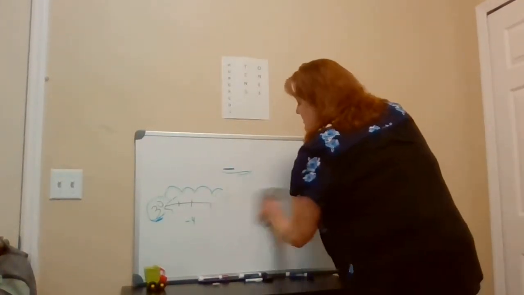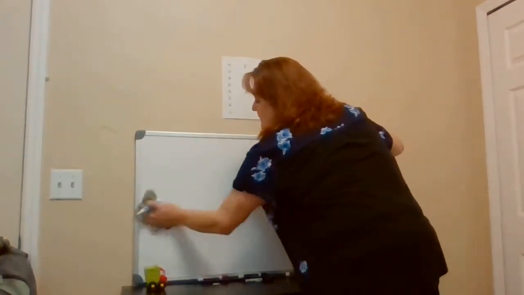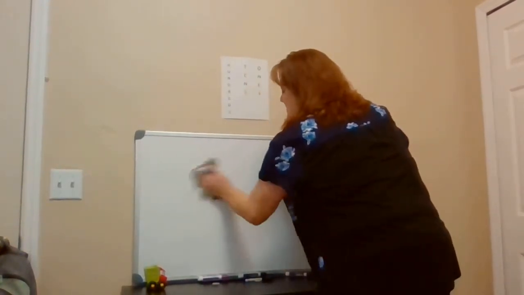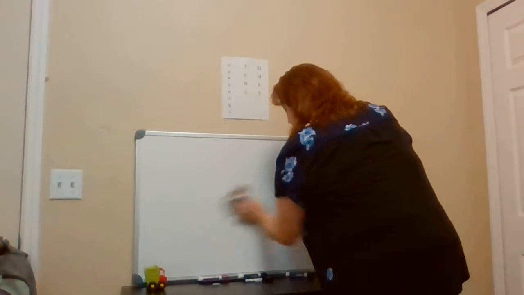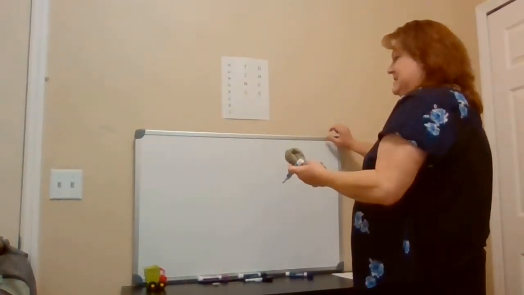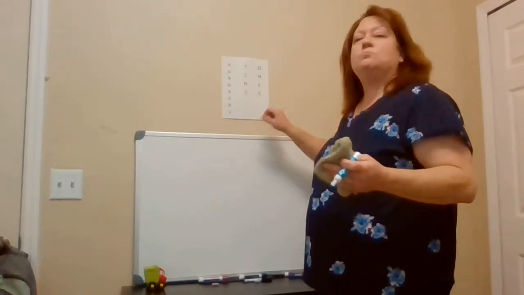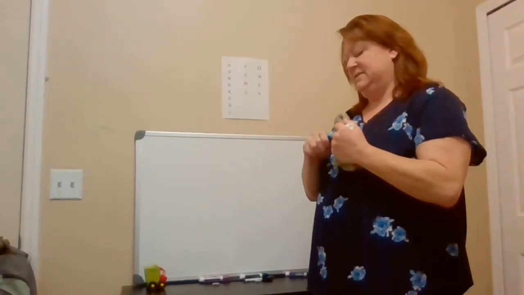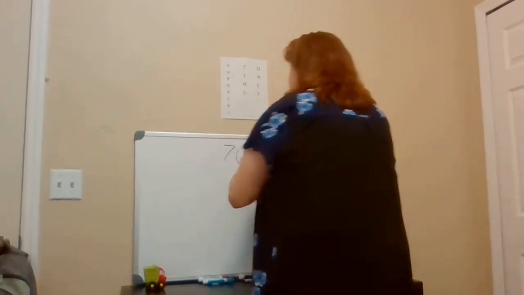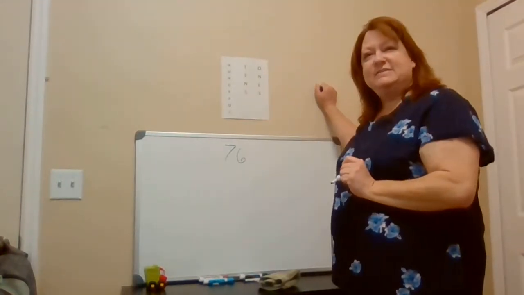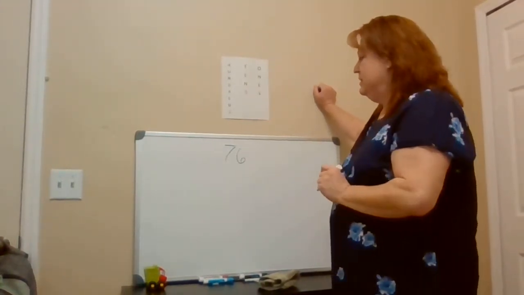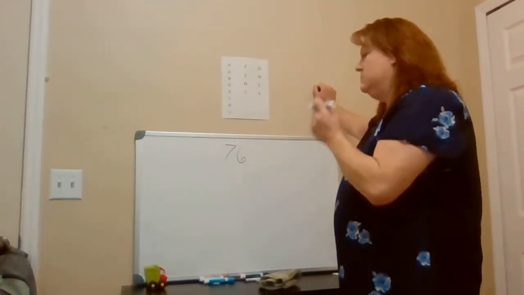Okay, let's try another one. Who can give me a number to try? A number less than 100, please, just to make it a little easier for today. Okay, 76. Let's do 76. All right, our number 76, and we want to round to the nearest 10. So what number are we looking at for here?